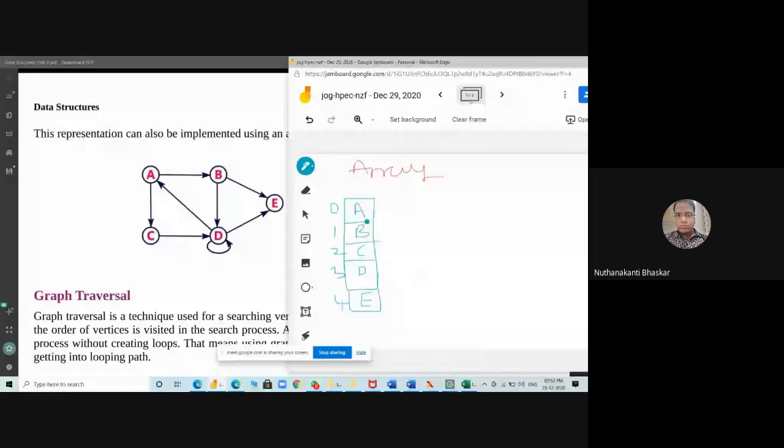Now from A, what are the adjacent nodes? B and C, zero indexing, one indexing. Correct. Now for B, what are the adjacent nodes?